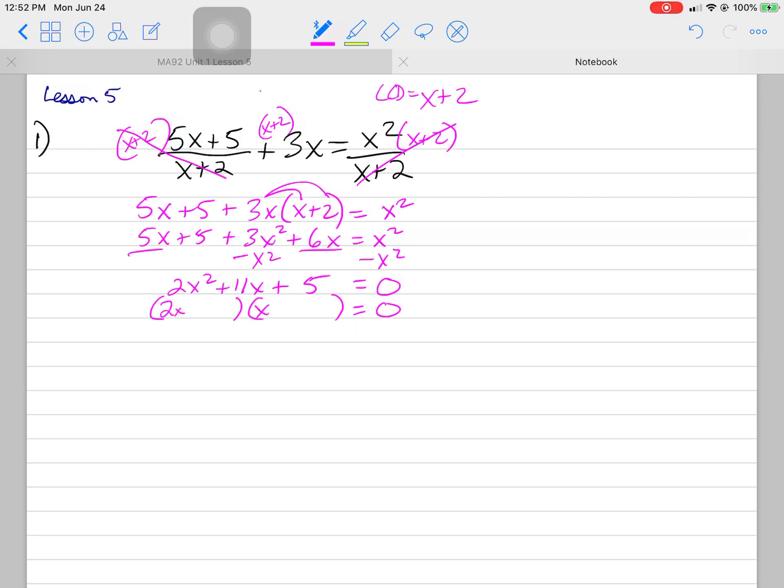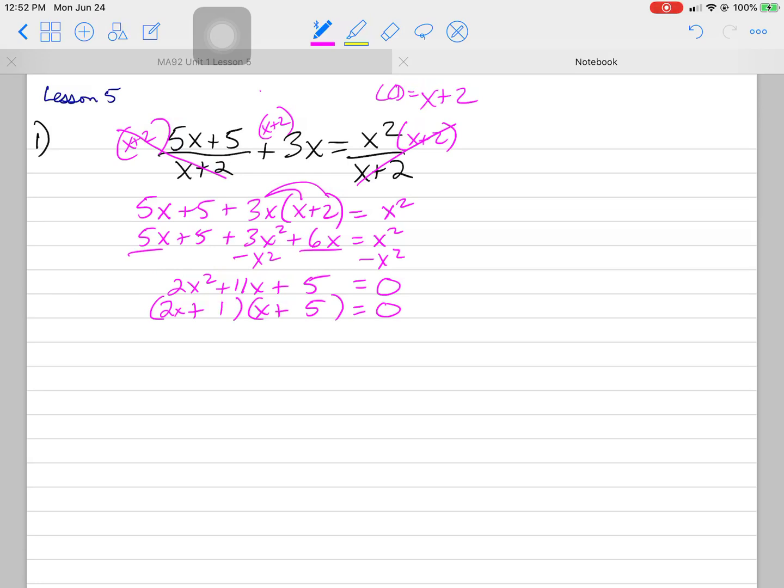2x is prime, so the 2 goes there. Then I need factors of 5, which is only 1 and 5, because it's prime too. So the only decision is to put the 5 at the end, or the 5 in the same one as the 2. I know my signs are plus plus, because plus plus equals plus. And to get all the way up to 11, I want to multiply that times the 2. So that goes there, and that goes there.